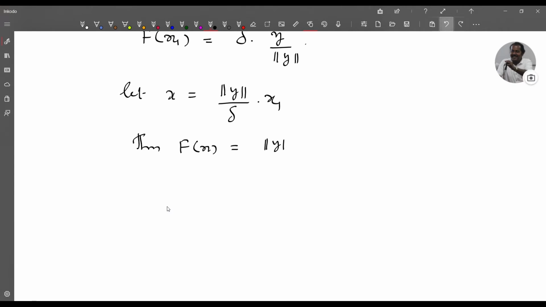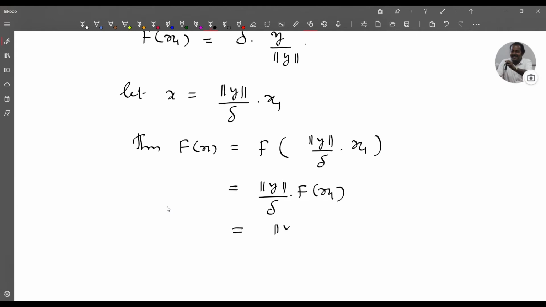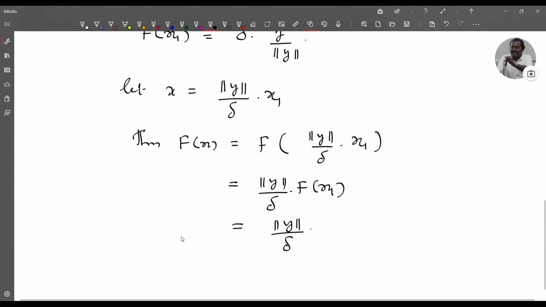Then f of x equal to f of norm y divided by delta times x1. And since f is linear, you can take norm y by delta outside, times f of x1. So this is equal to norm y by delta times f of x1, which is norm y by delta times delta times y by norm y. So you are getting this as y.